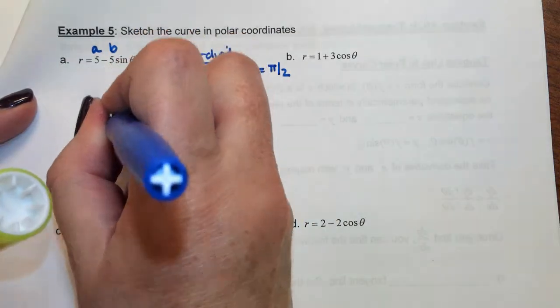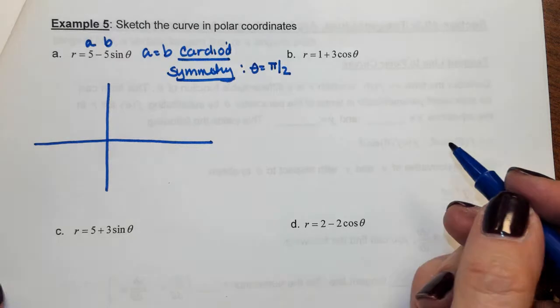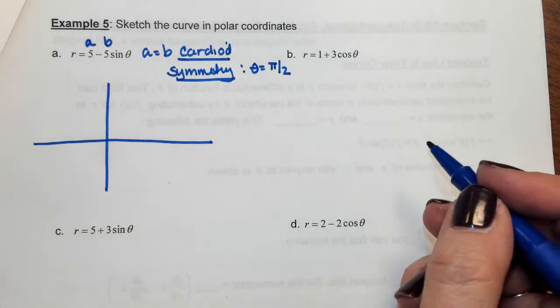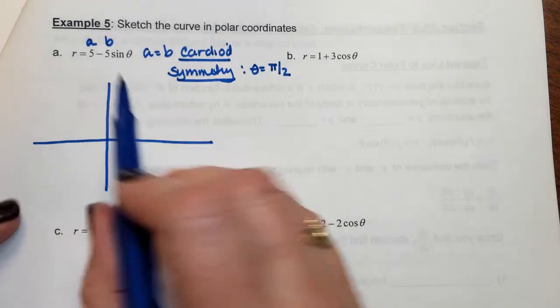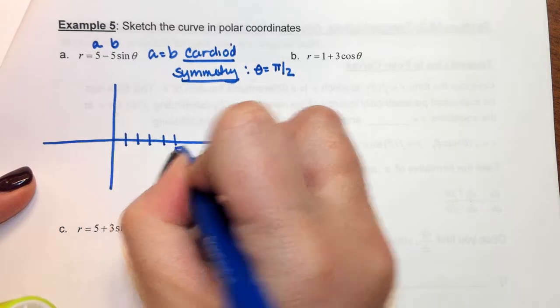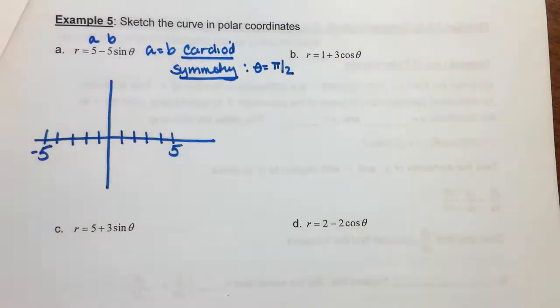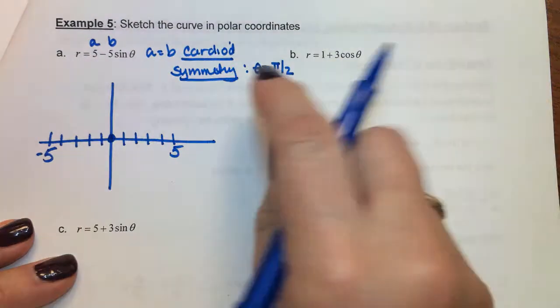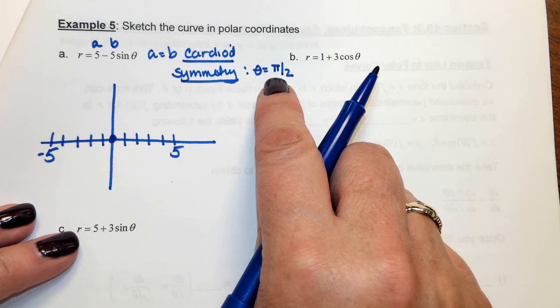So now the quickest way to graph your cardioid, again, these are just going to be sketches. They don't have to be exact. So look at your a and b values. That's going to be your distance from the center, or from the pole. Now, because it's a sine, I know I'm going to have symmetry with respect to the line theta equals pi over 2.